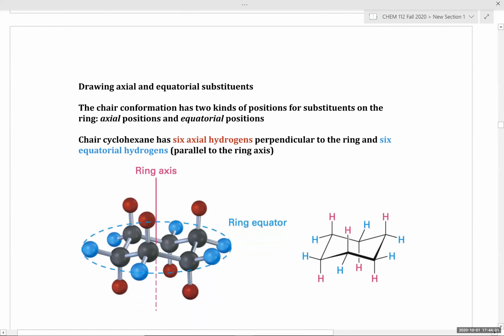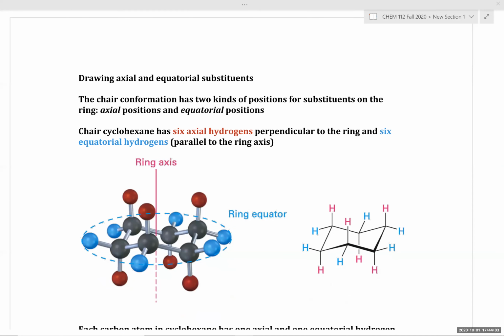Okay, so let's talk a little bit about substituents. There are two types of substituents, axial and equatorial. The chair conformation itself has two kinds of positions for substituents, axial positions and equatorial positions. Let's use some color coding for that.